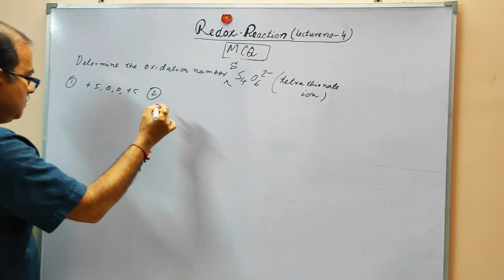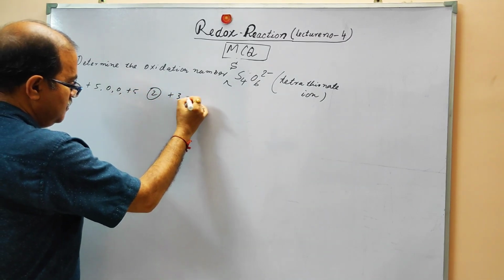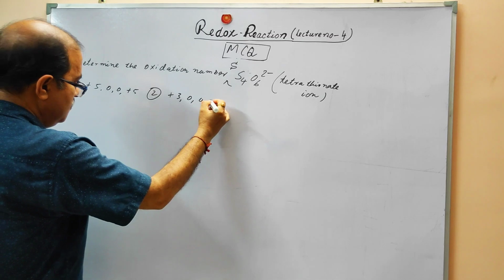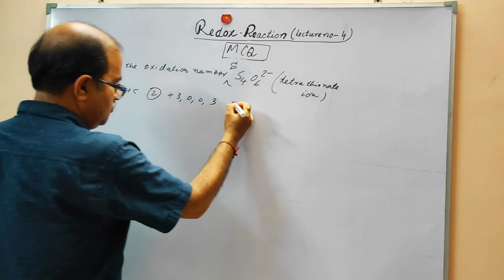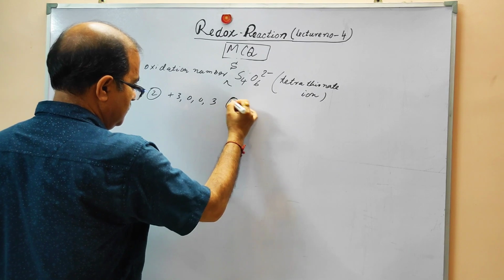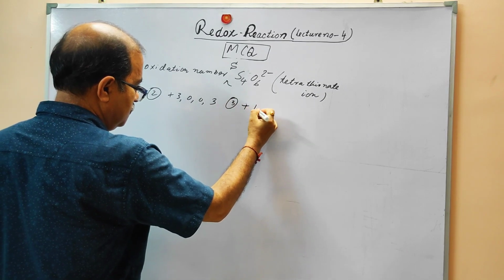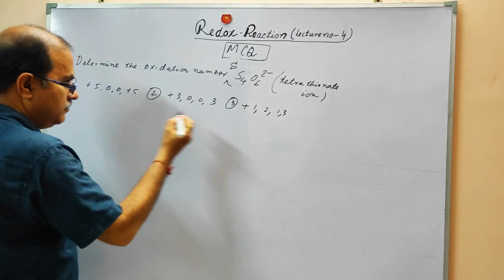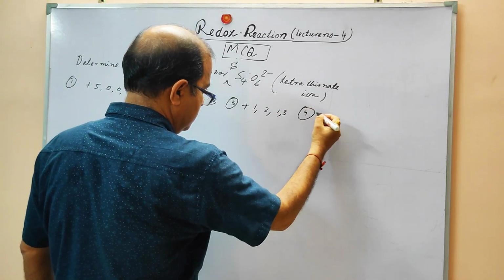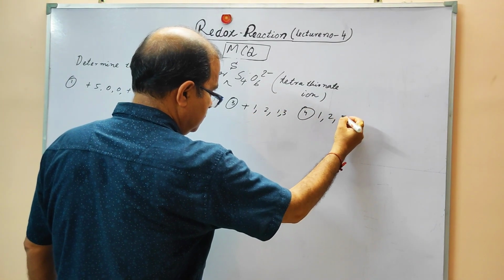Another choice is plus 3, 0, 0. Another is plus 1, 2, 1, 3. And the fourth choice is 1, 2, 1.